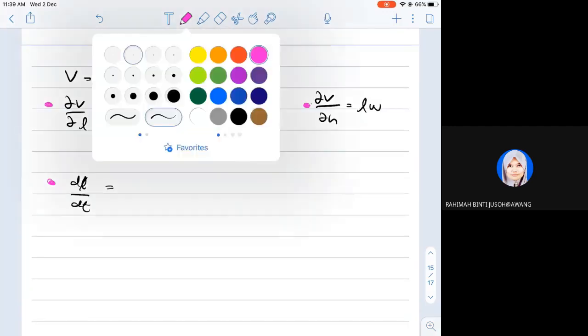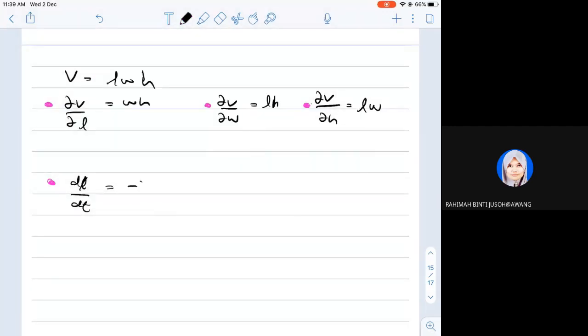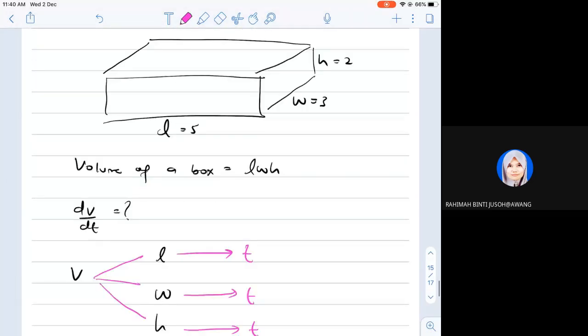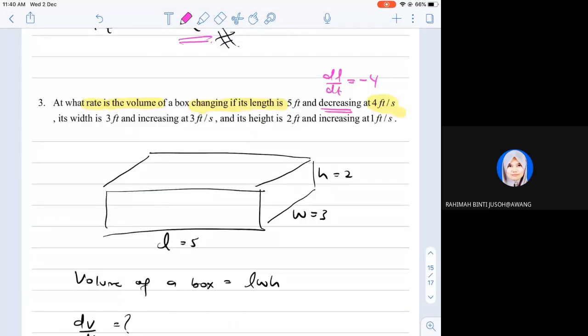Right. So, negative 4. And then dia juga bagi dw over dt. The rate of change of the width equals to increasing at 3 feet per second.